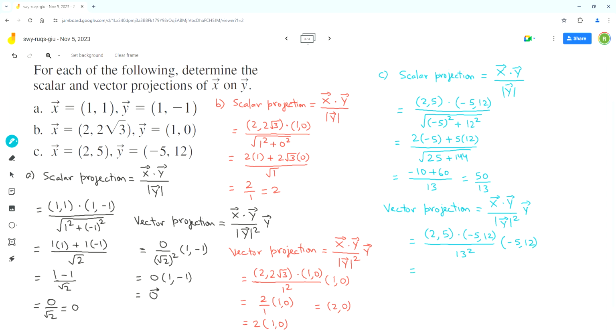Now we can do the dot product. So the result we got for dot product is 50. So this should be the vector projection for part C. We can leave the answer in scalar product form, because if we multiply the components by 50 over 169, we'll get a long decimal answer. So this can be the final answer for vector projection for part C.